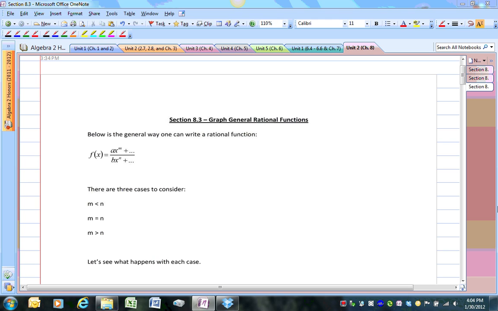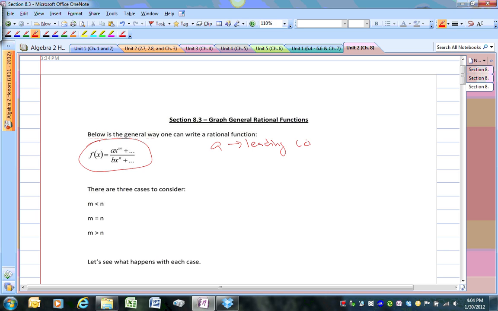So here's a general way you can write a rational function. A is the leading coefficient for your numerator, and B is the leading coefficient for your denominator.